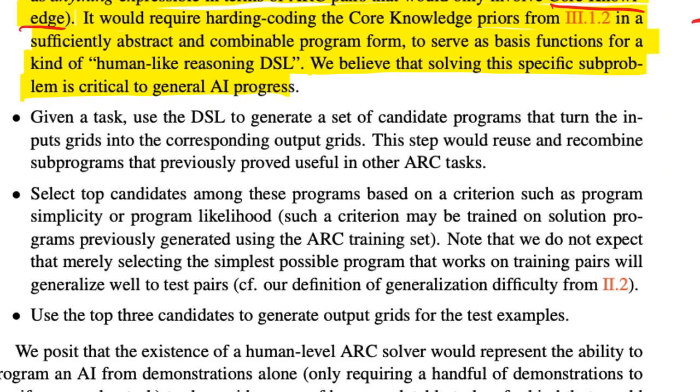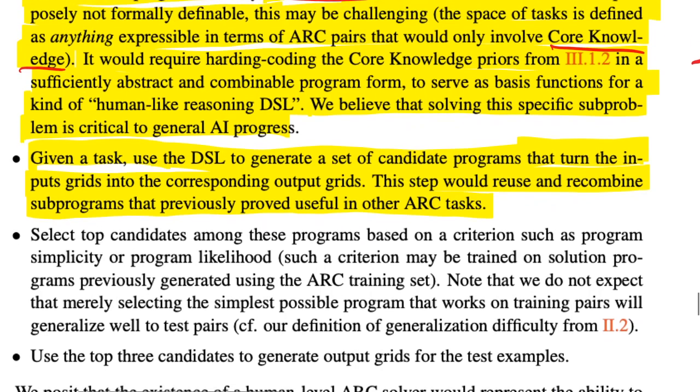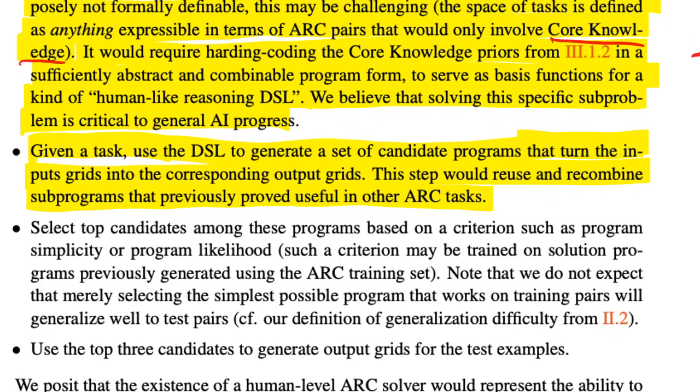But he goes on, says, given a task, use the DSL to generate a set of candidate programs that turn the input grids into the corresponding output grids. This step would reuse and recombine subprograms that previously proved useful in other ARC tasks. So it says, whenever you have captured the problem space in a formal language, you can simply use that formal language to express whatever turns the input grids into the corresponding output grids.